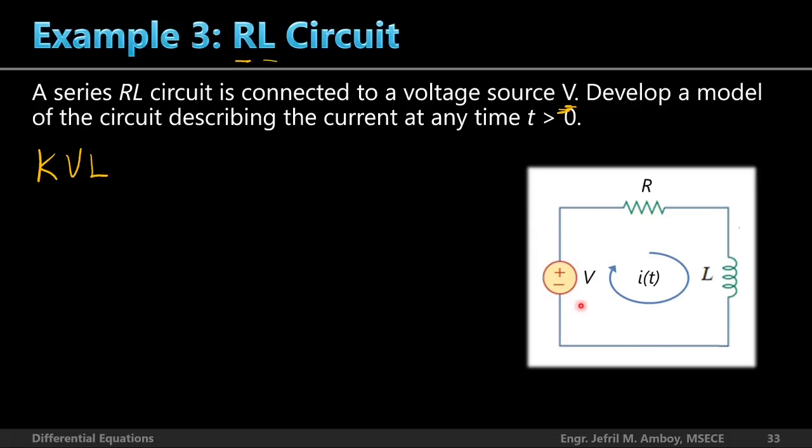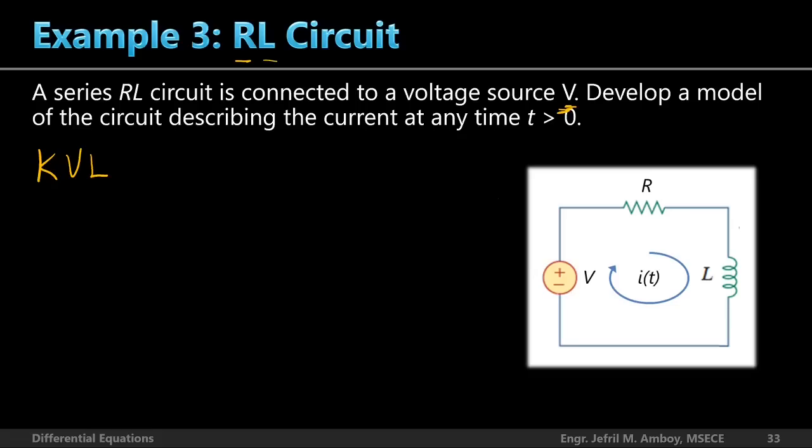Here, the voltage is V, and of course, there is a voltage drop in the resistor, and there is also a voltage drop in the inductor. According to KVL, if we add all the voltage drops in this closed path or a loop in an electric circuit, the answer should be 0.